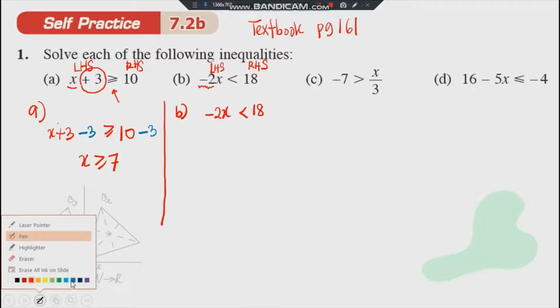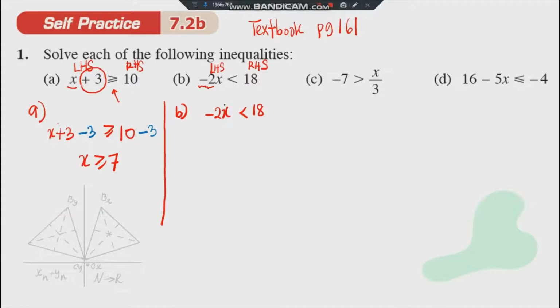Negative 2x is multiplication. What I mean by multiplication is negative 2 times x. So we want to get rid of negative 2 by dividing with the same number, which is negative 2. Same goes to your right hand side, divide with negative 2.